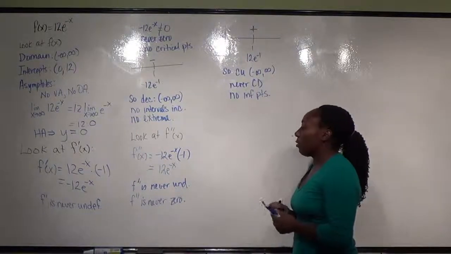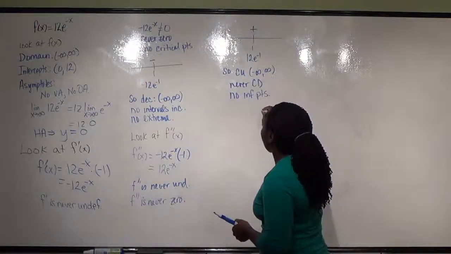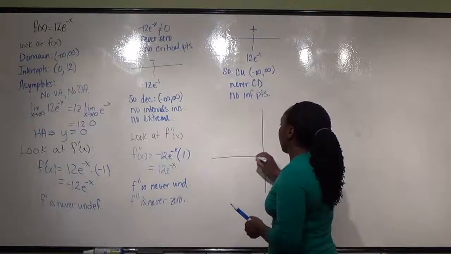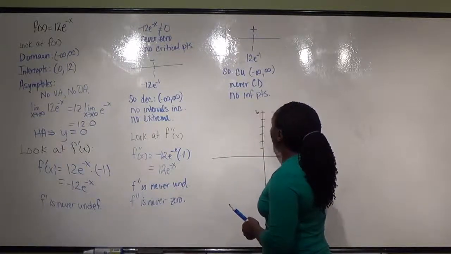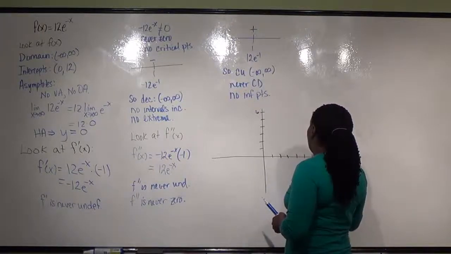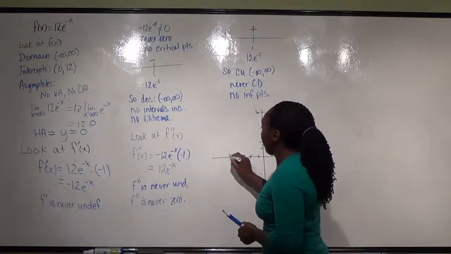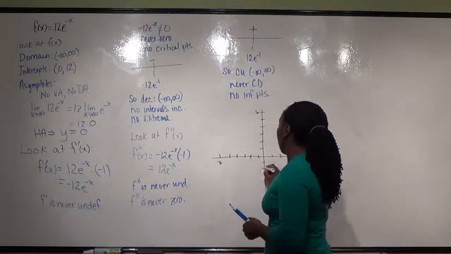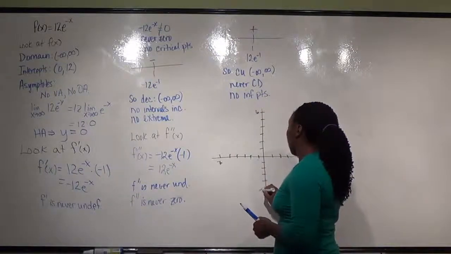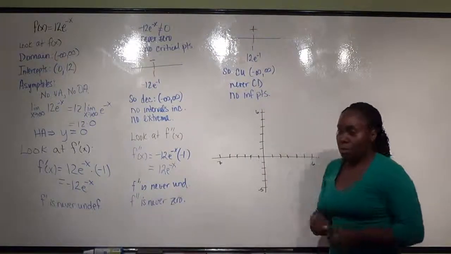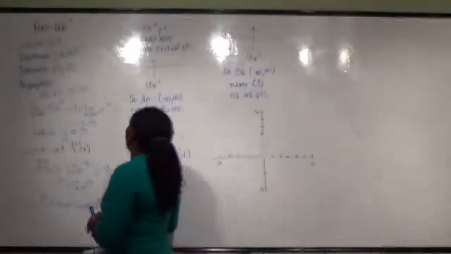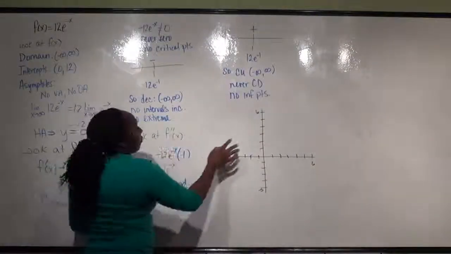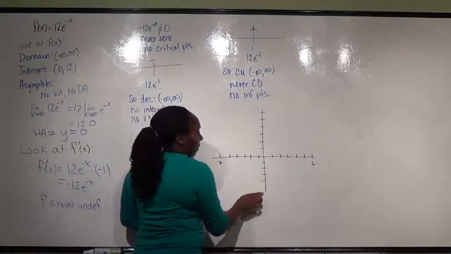So let's look at the graph here. Okay. So with the information that we found, let's go back to the beginning. We're going to change our scale a little bit.